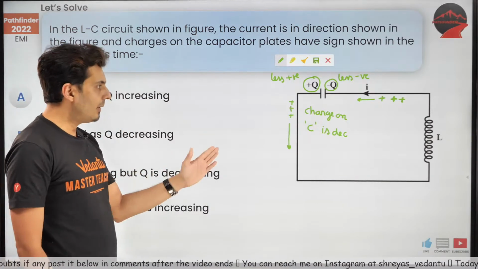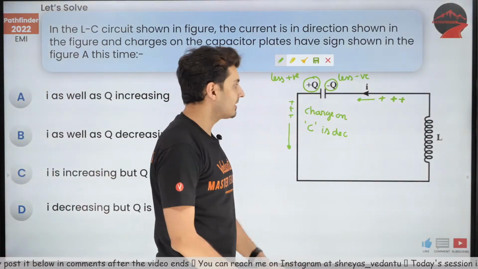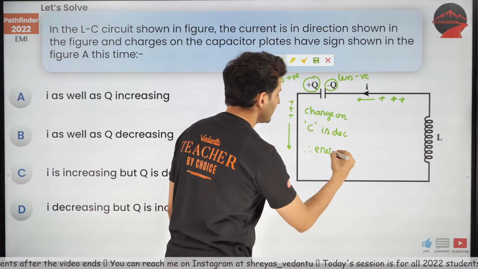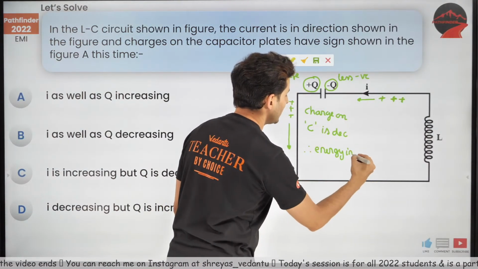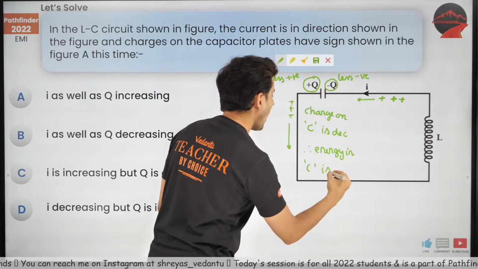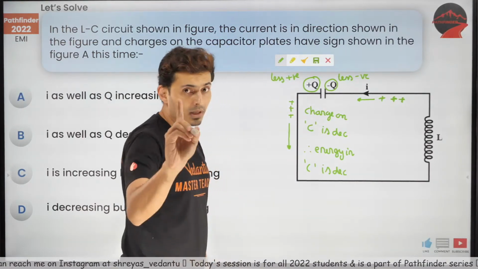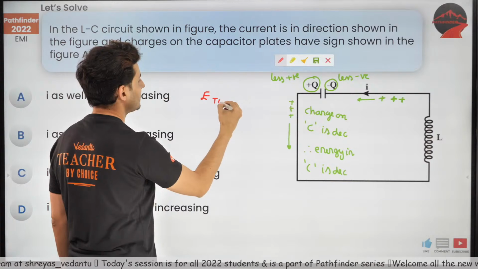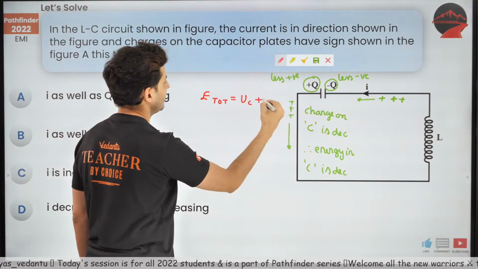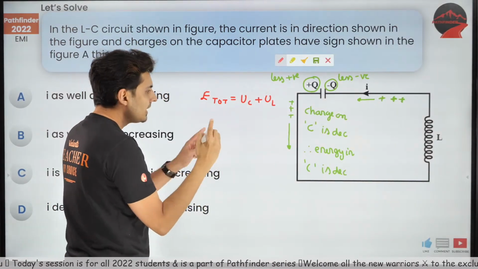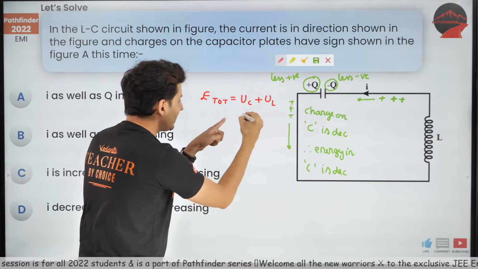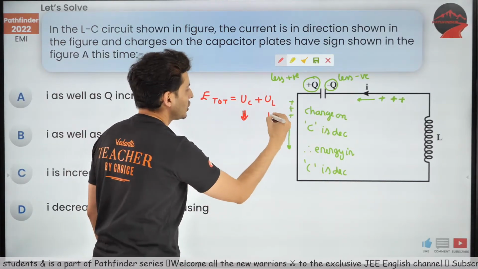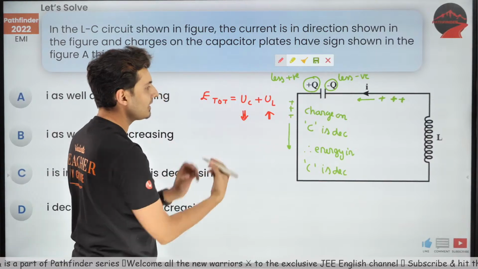Cool. Now, if the charge on the capacitor is decreasing, therefore, energy in the capacitor is also decreasing. Correct? But we all know that the total energy is energy in the capacitor plus energy in the inductor. If the energy in the capacitor is decreasing, to keep the total energy constant, shouldn't the energy in the inductor increase?